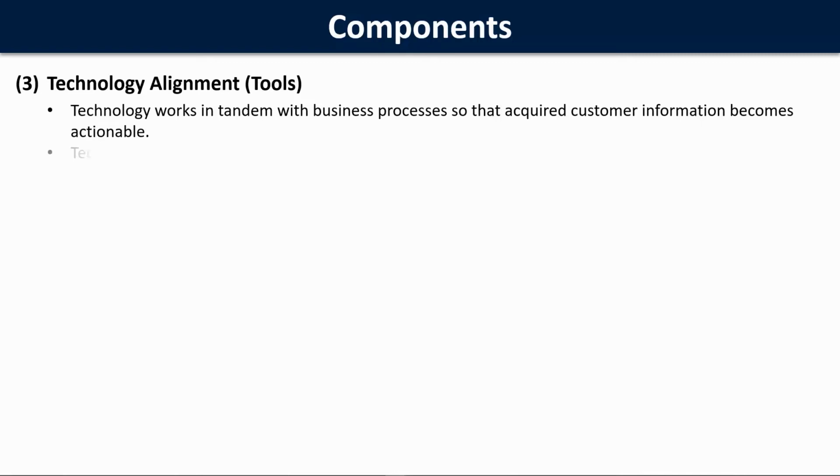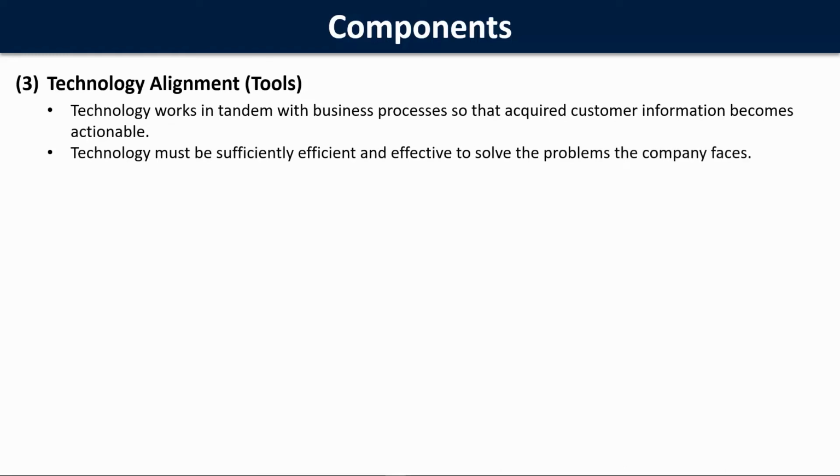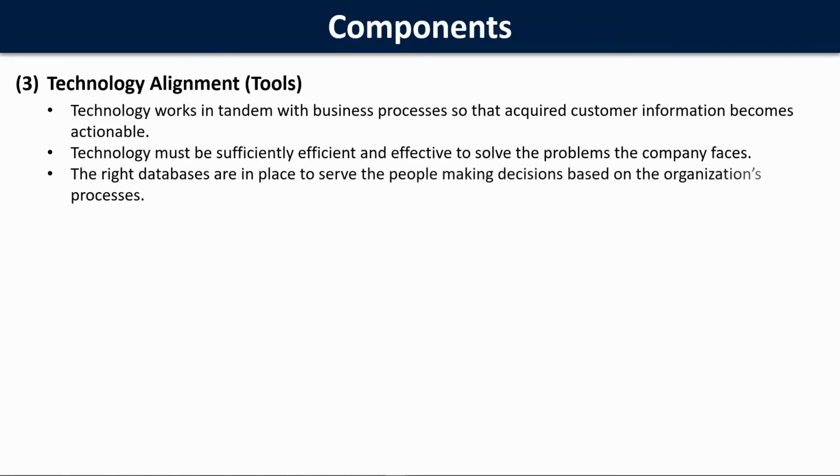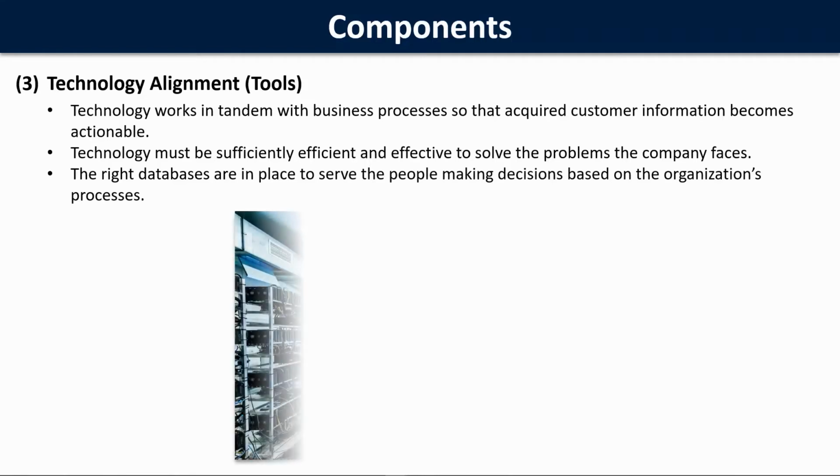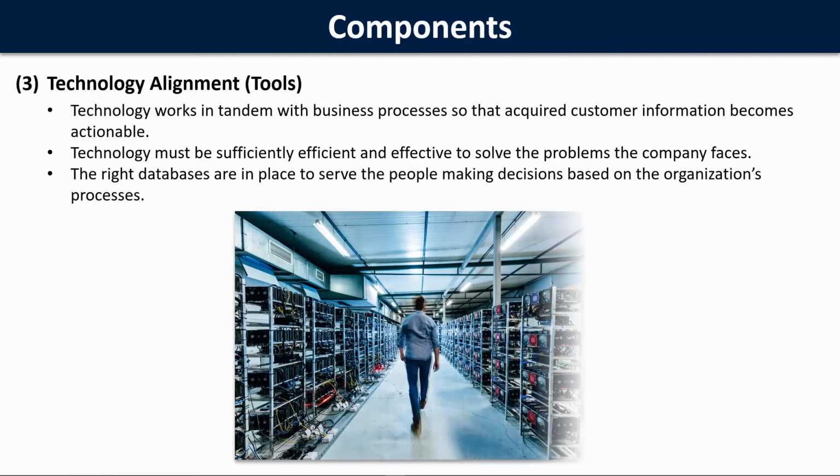The idea is to then act on the intelligence and to determine technology that is both sufficiently efficient and effective to solve the actual problems the organization faces. And so it's really about making sure that you have the right databases in place, and that the right databases are serving the data to the people who need it to be able to make the right kinds of choices on that data based on the organization's processes.